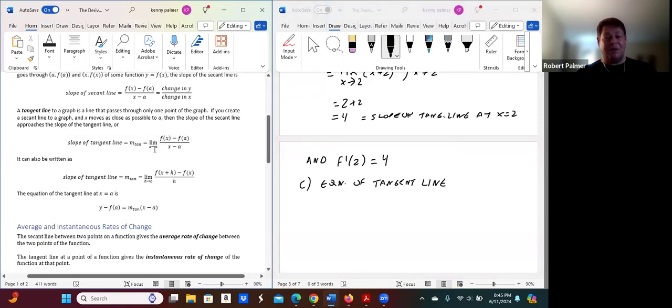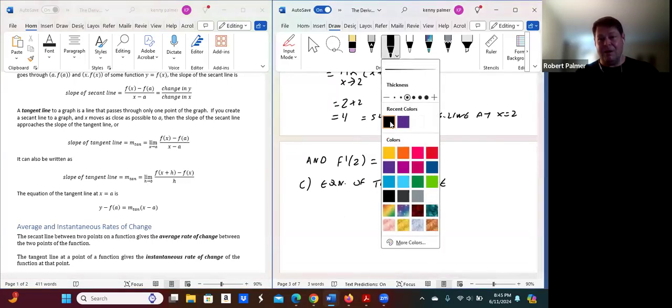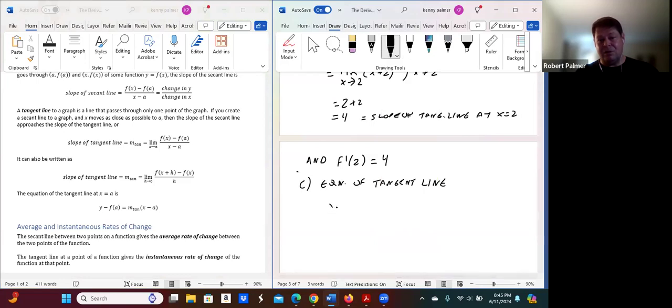This basically comes from taking this, essentially without the limit, and solving it for y, which is the same as f of x. So the equation of the tangent line is y minus f of a is equal to the slope of the tangent line times x minus a.